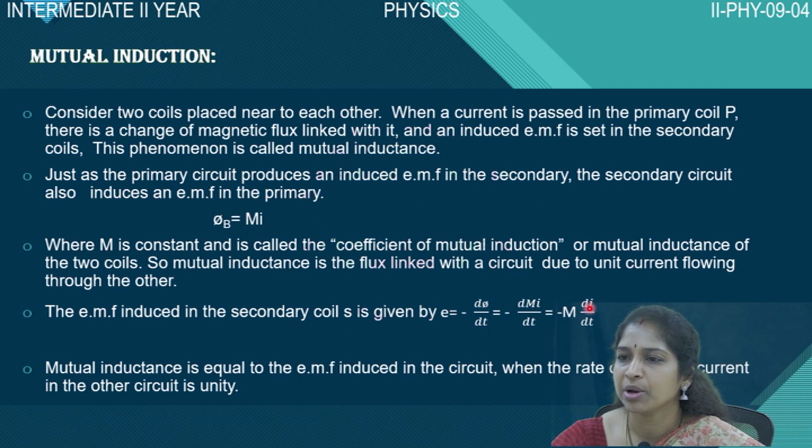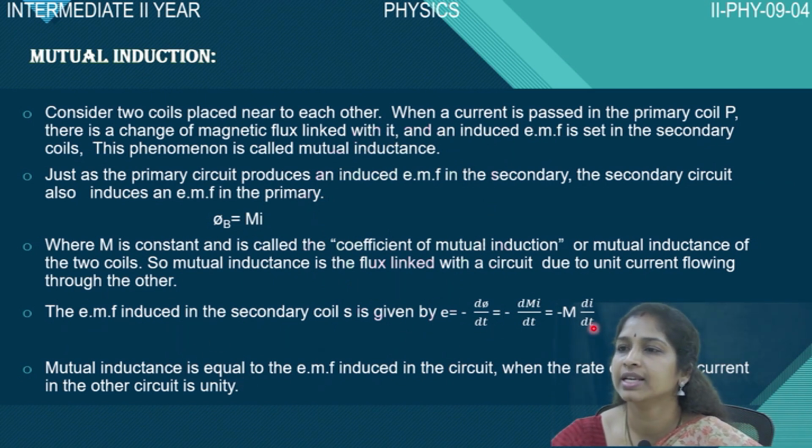So if di by dt is 1, I can write M equals E. See, only magnitude I am taking, because this negative sign indicates the direction of this EMF. It opposes the original cause. So only magnitude if I take, E is M di by dt. If this di by dt is 1 ampere, unit change in the current, then M is E. So how can I define this mutual inductance?